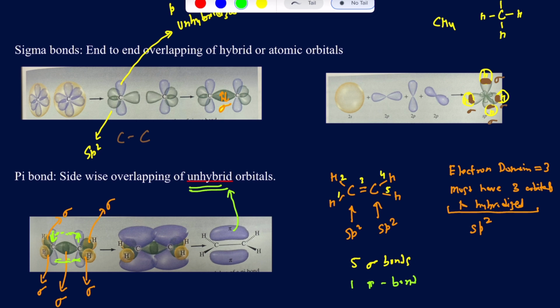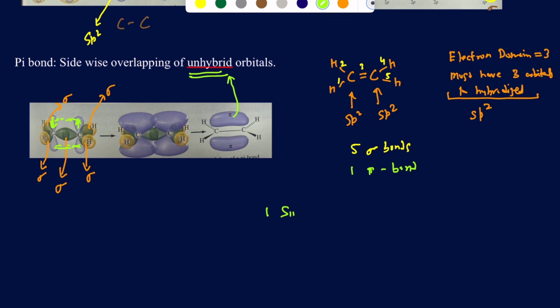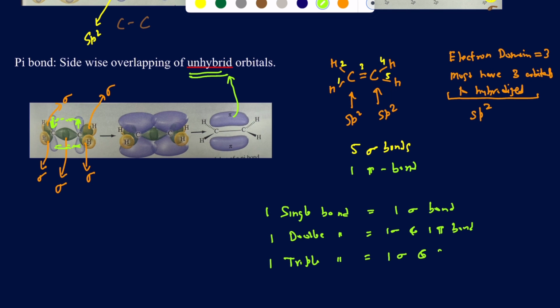One single bond is made of one sigma bond. In one double bond you have one sigma and one pi bond. So make sure you know that. If you have one triple bond, you'll have one sigma bond and two pi bonds. Make sure you remember that.